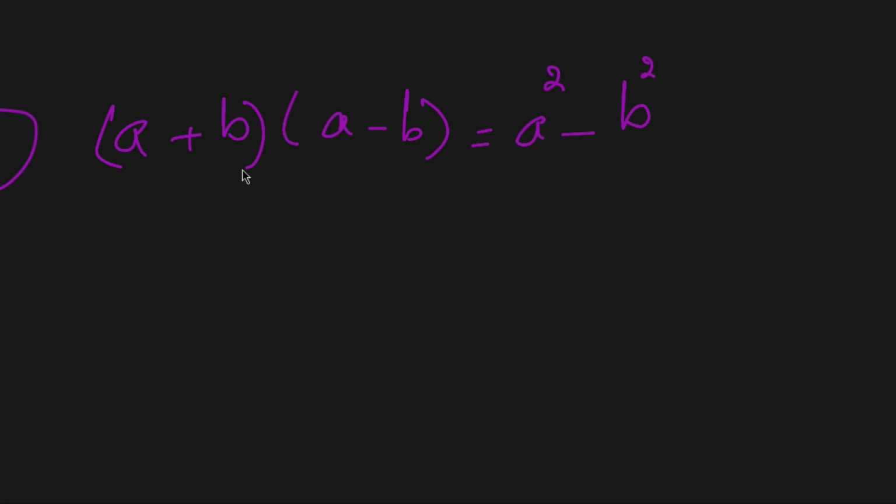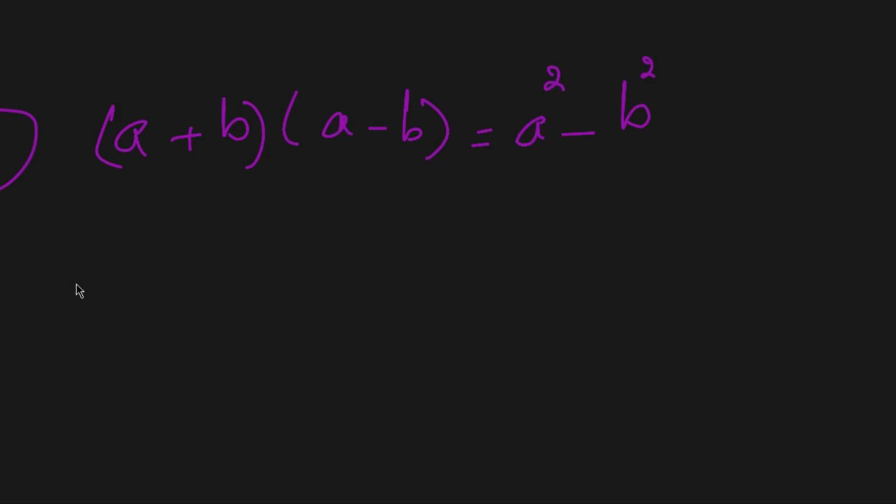Now again the question that how do we get a squared minus b squared from this side, from the multiplication of these two? So multiply them the distribution method way, and I would like you to do it, because if I am going to do it in the video, then it will increase the length of the video, which I don't like. So you do it. And a squared minus b squared.